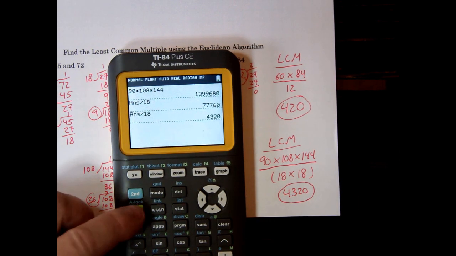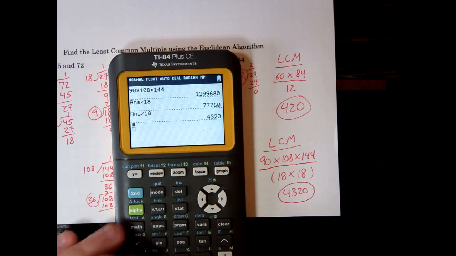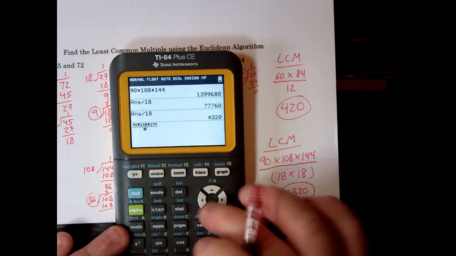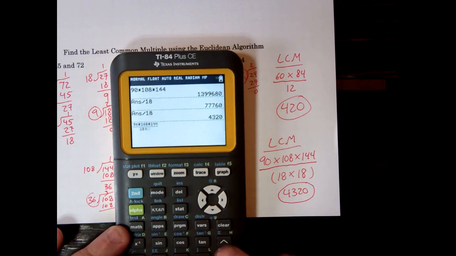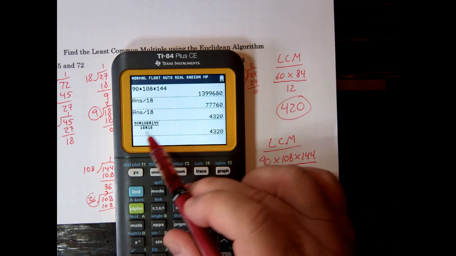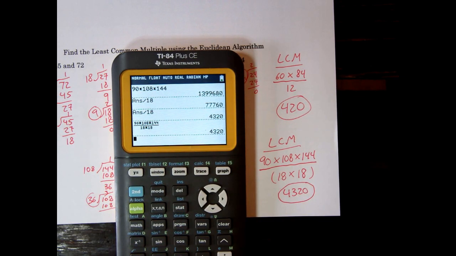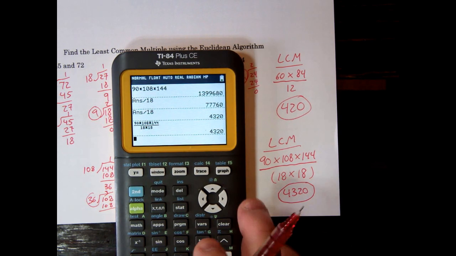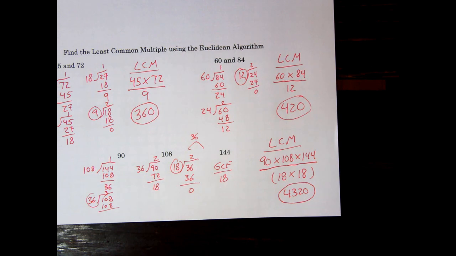That would be the same as putting the fraction 90 times 108 times 144 over 18 times 18. Right, because you're dividing them, but if you're doing it one step at a time, you divide both of them. 4320.